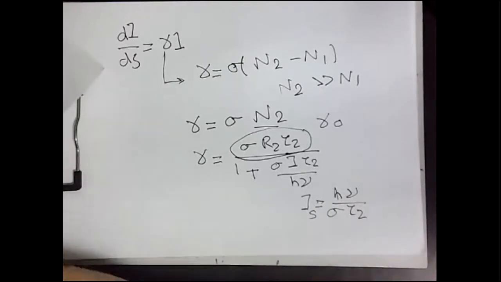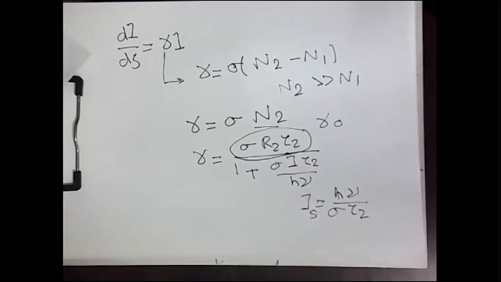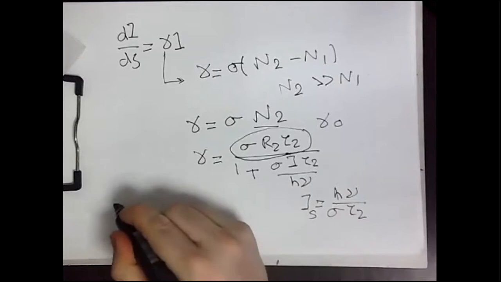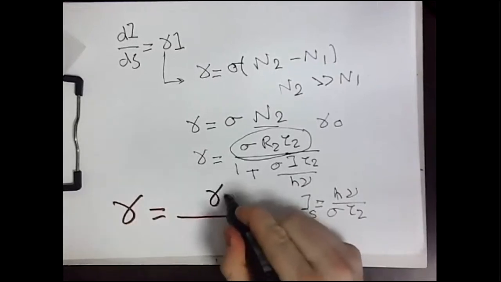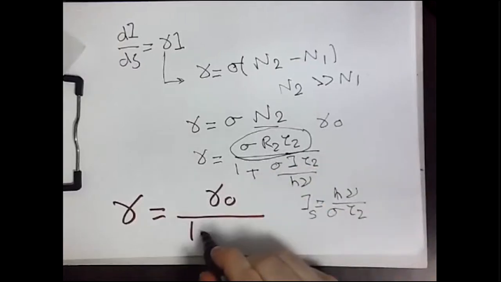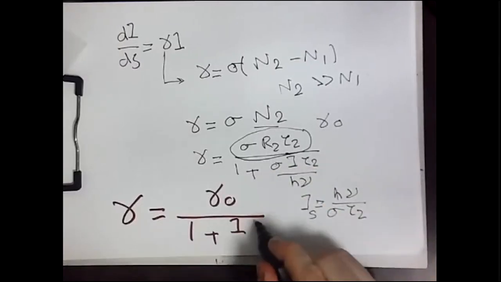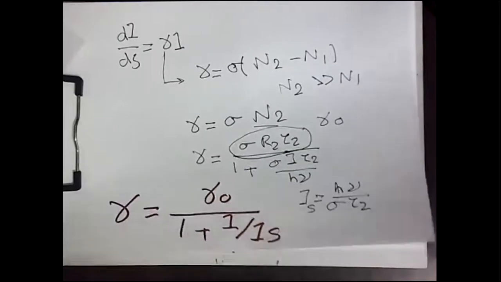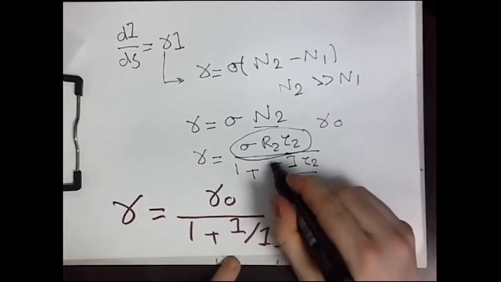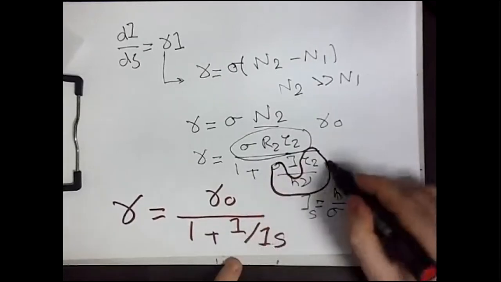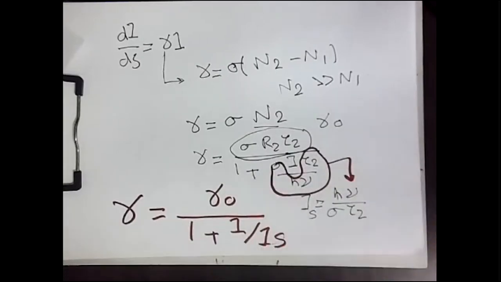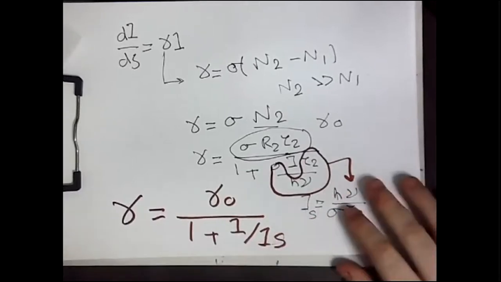Then you can rewrite the equation in this form: gamma equals gamma naught over (1 plus I over I_s).